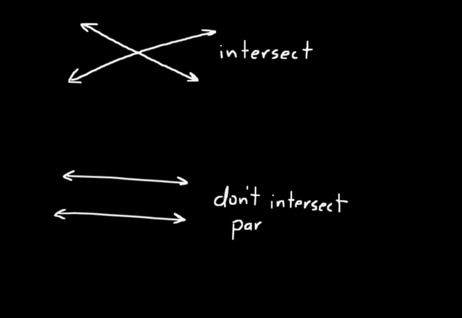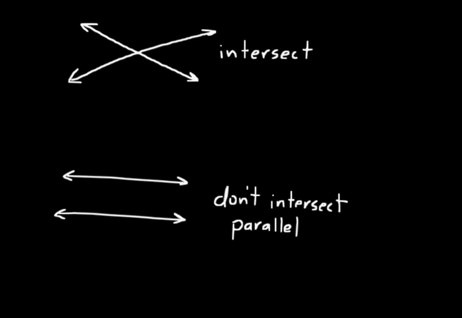Those are called parallel lines. Anytime you're working with two lines, they're going to do one or the other, because remember, they go on forever in both directions. Eventually they're either going to intersect, or if they're parallel, they will never ever intersect.